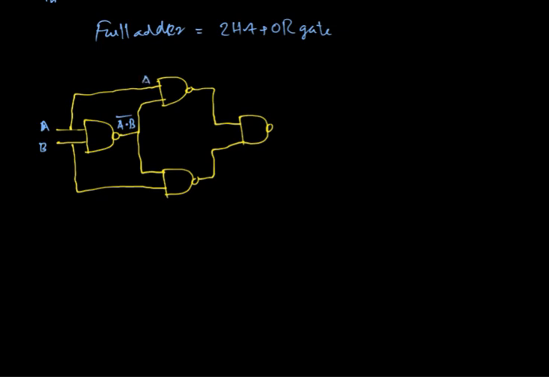Here it is A, here it is B. Now it will be A and B complement, here it is B and A and B complement. Here it is the combination which gives the A exclusive OR B.